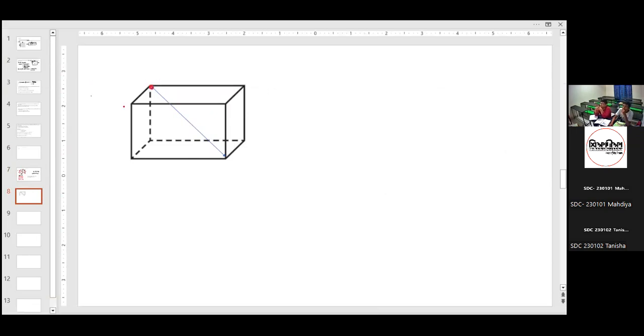So this one is A B C D E F G H. We have 8 vertices, right? For each diagonal we engage 2 vertices, so we can draw 4 diagonals.